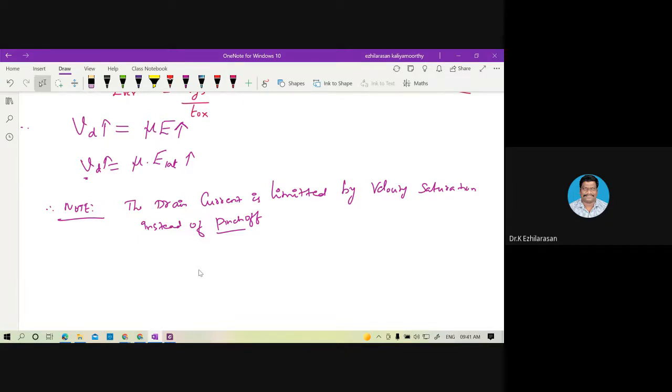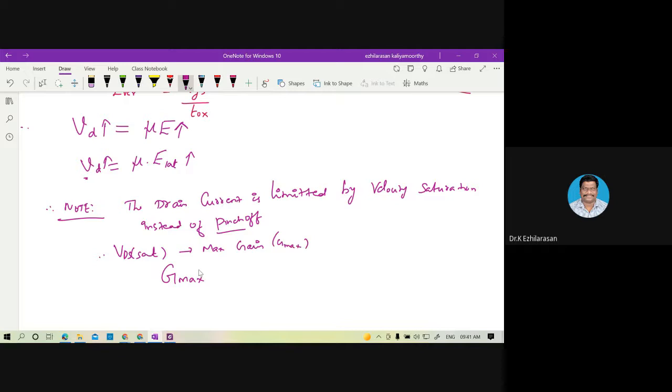Now, using VDS SAT, we can find the maximum gain. The maximum gain will be denoted as G max.